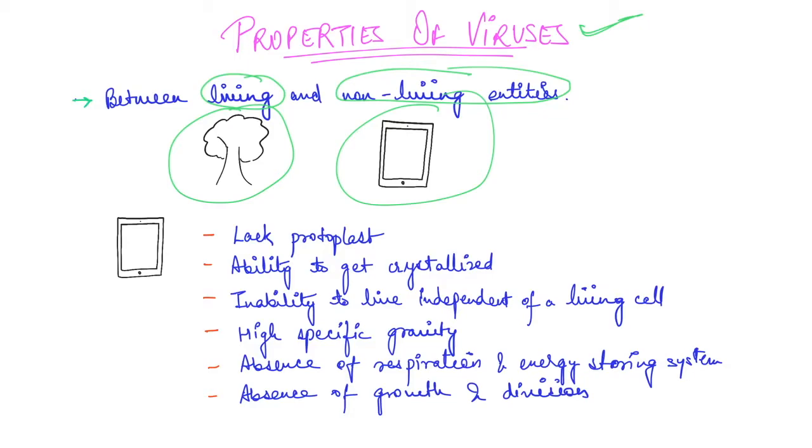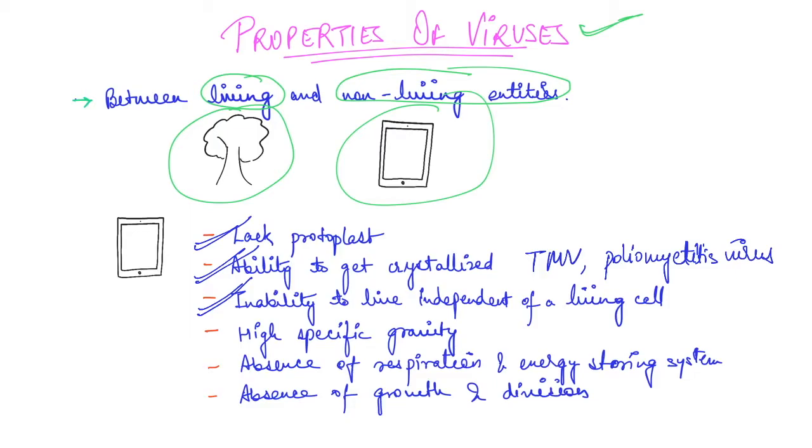Then the ability to get crystallized, say for example TMV virus or poliomyelitis virus. Okay, so first point is it lacks protoplast, then it has ability to get crystallized, then it is unable to live independent of a living cell. It always requires a host, which is not a property of a living entity.